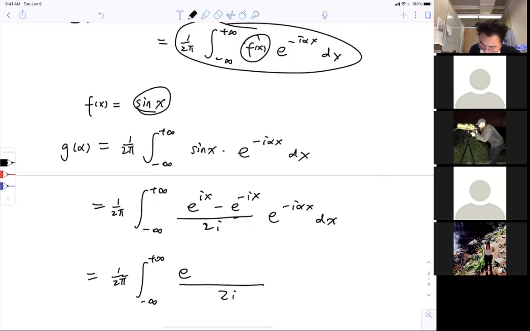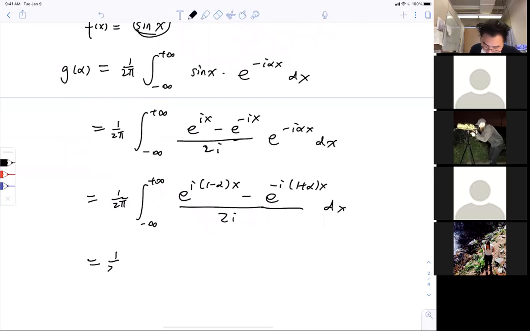So this is the integral of exponential i(1 minus alpha)x minus exponential minus i(1 plus alpha)x dx, over 2i.